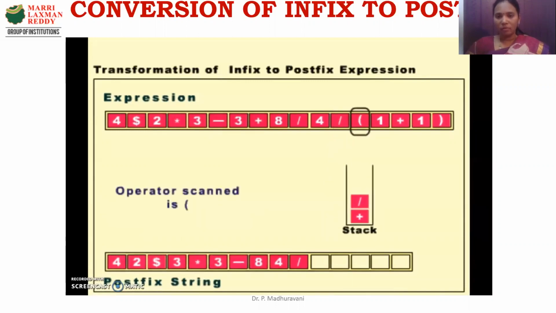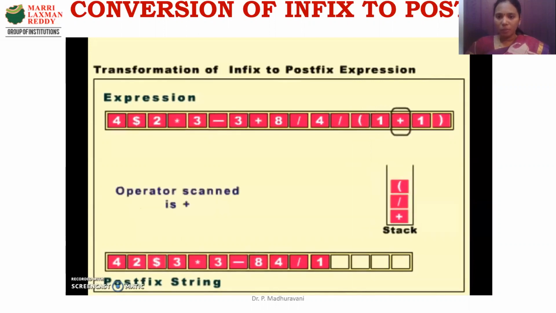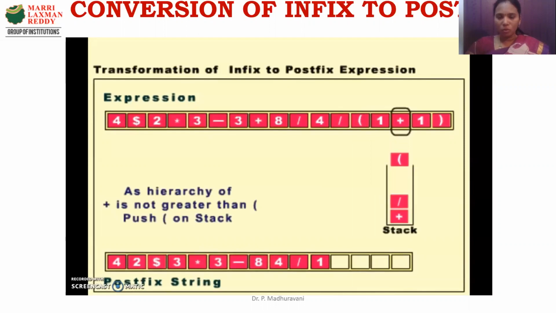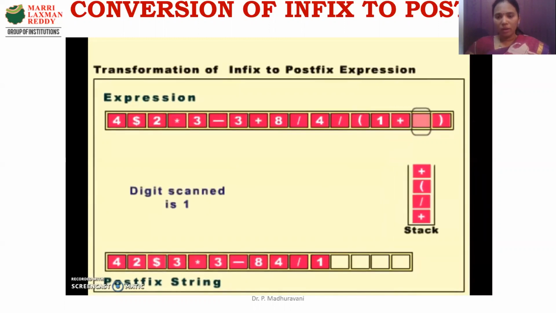Next is the left parenthesis. In that case, you simply push the left parenthesis onto the stack. Next is 1, which is a digit, display it. Then the next operator is plus, simply push it onto the stack, as the left parenthesis has the lowest priority compared to all other operators. The next symbol is 1, which is a constant, so display it.